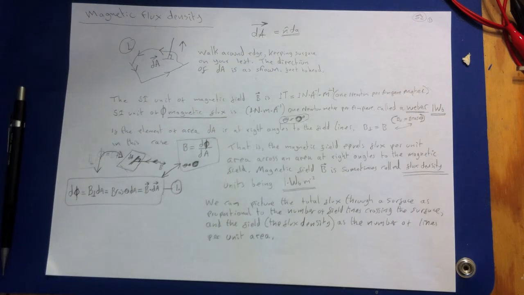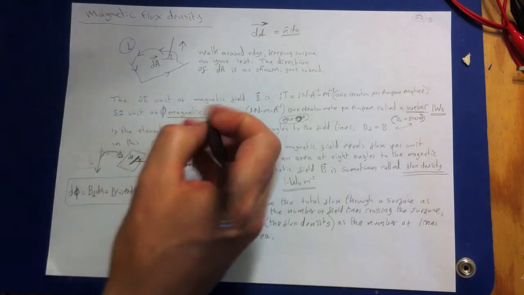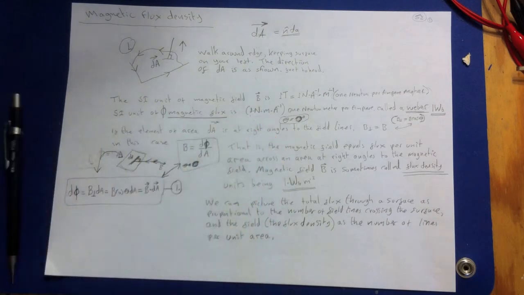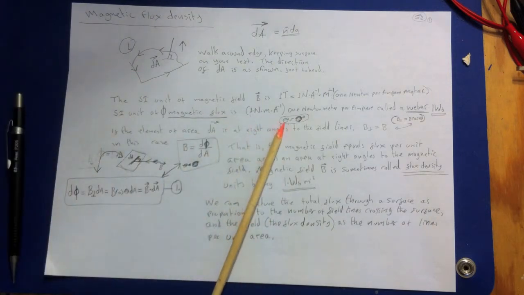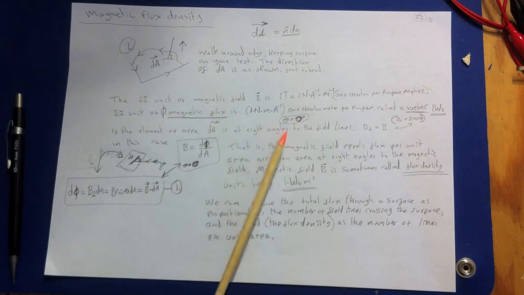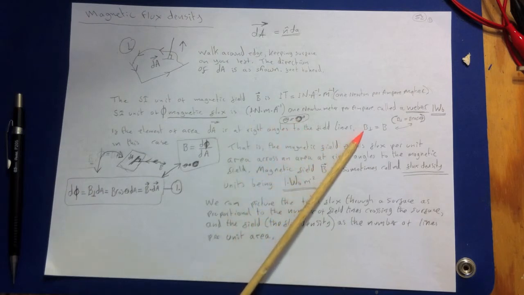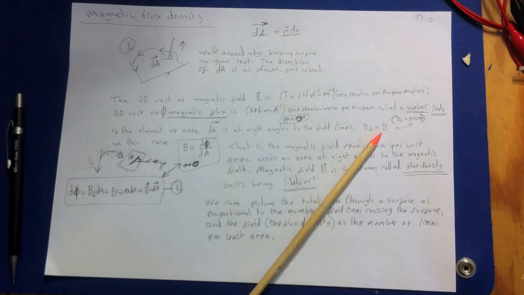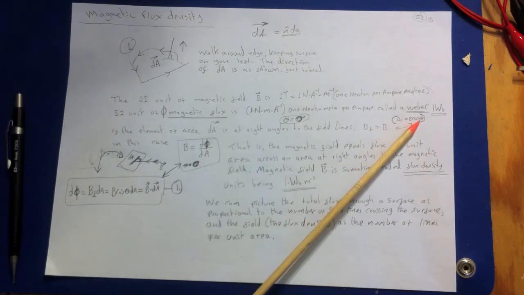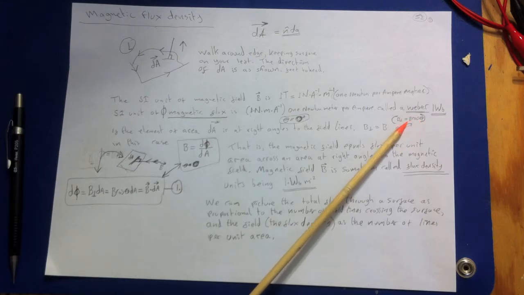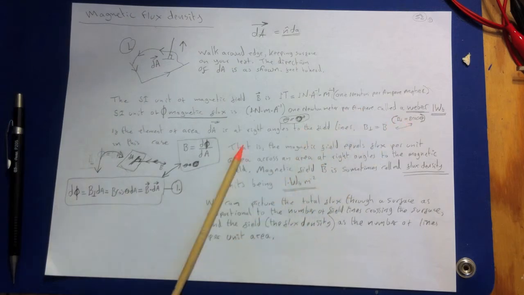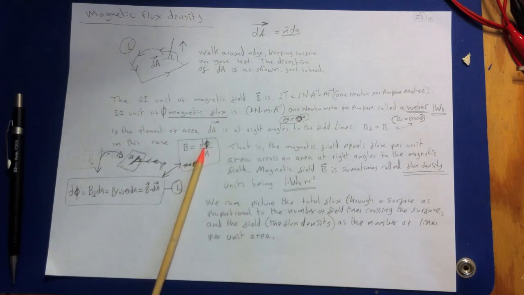If the element of area dA, this element here, is at right angles to the field lines, in other words theta is 0, then B perpendicular is B. So if the angle here is 0, then cos 0 is 1, so B perpendicular is B. In this case, B then equals the flux divided by the area.